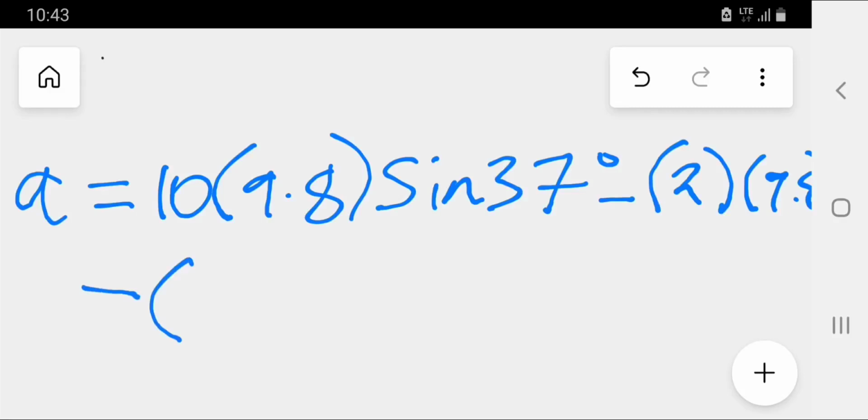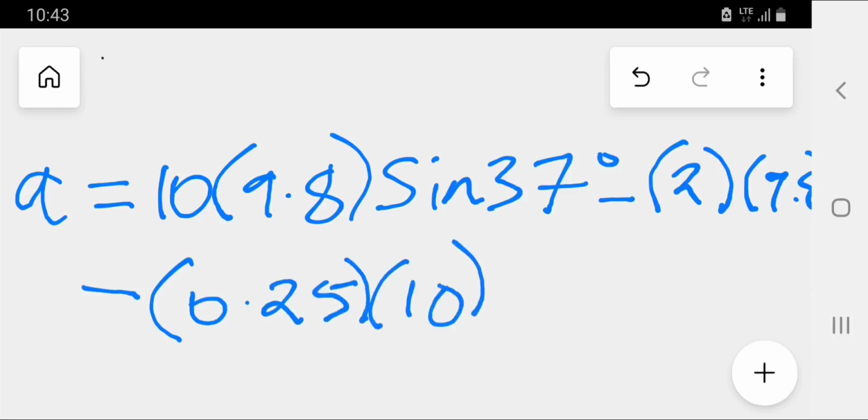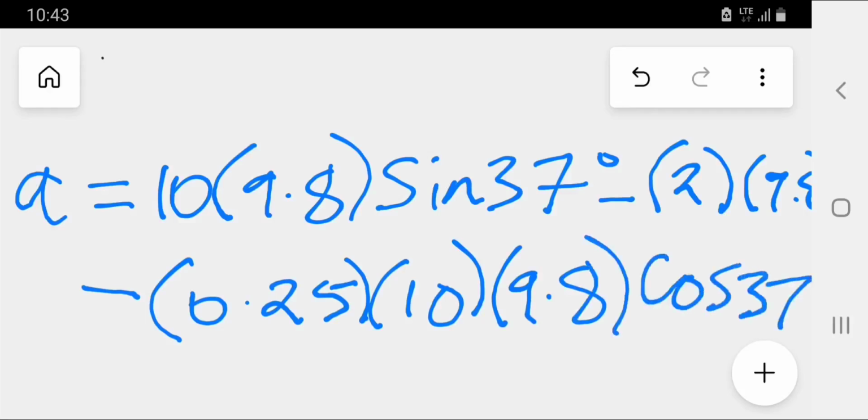The kinetic friction constant value is 0.25, having our mass of 10, gravitational force 9.8, cos 37 degrees.